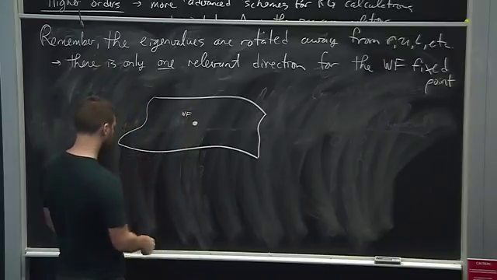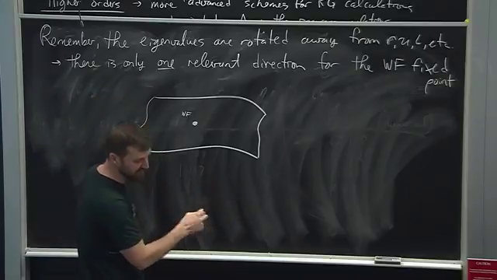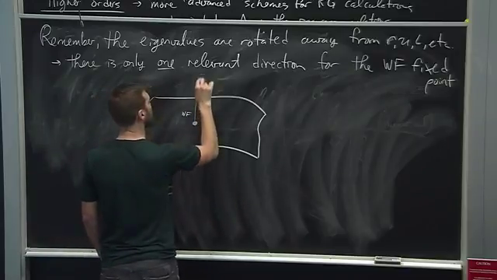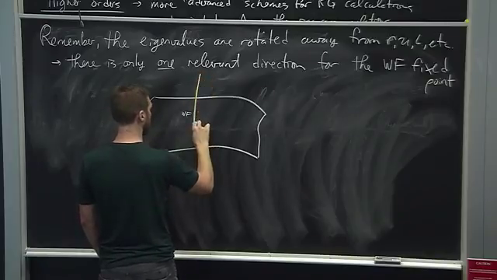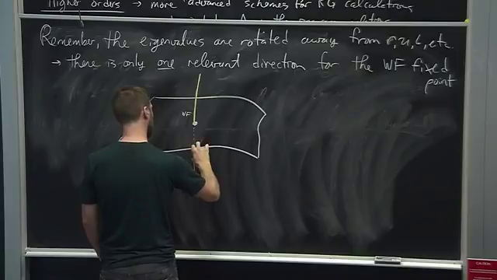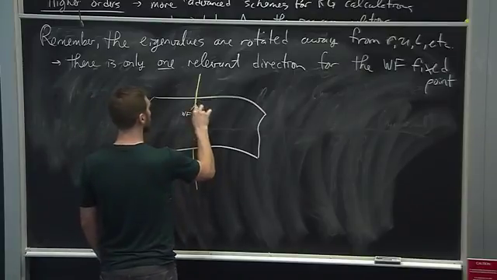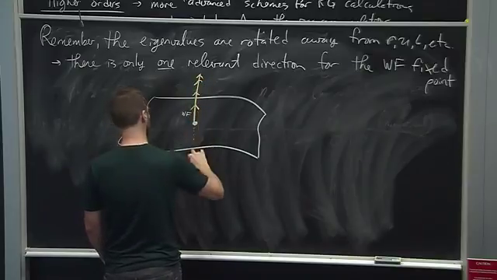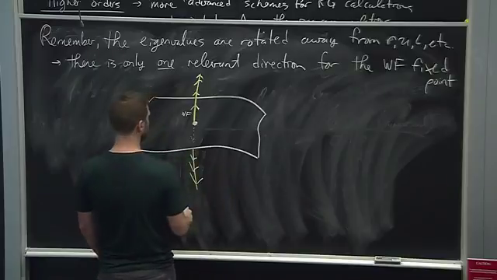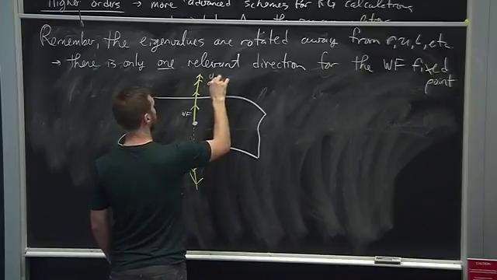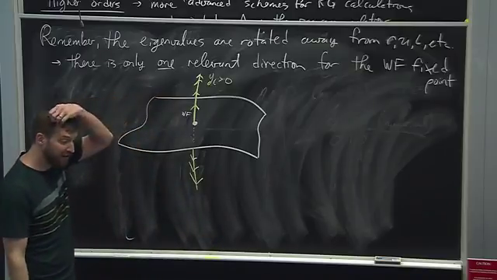You have one relevant direction because yt is greater than 0. So whatever that axis is, that's yt greater than 0. And then everything else is irrelevant.